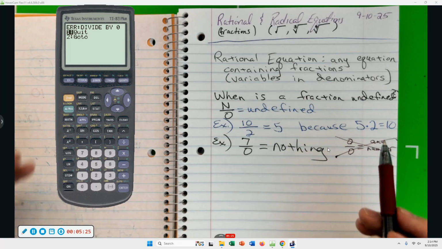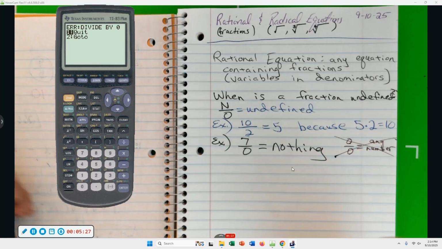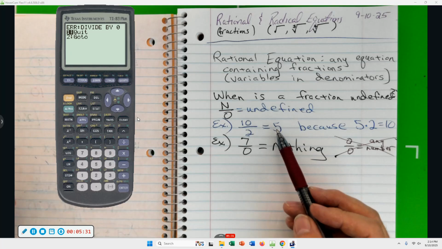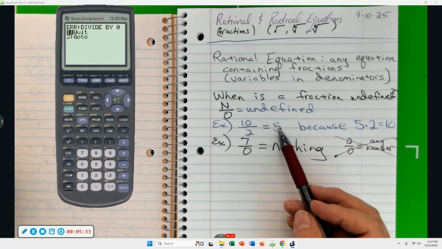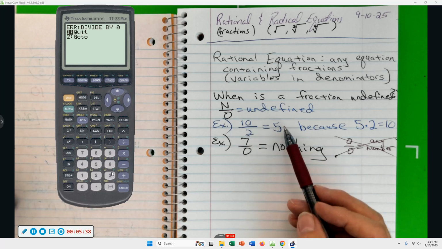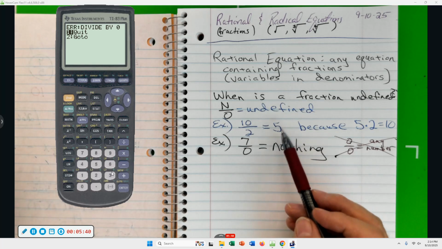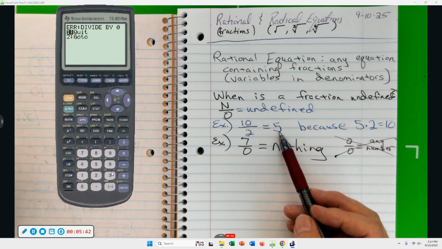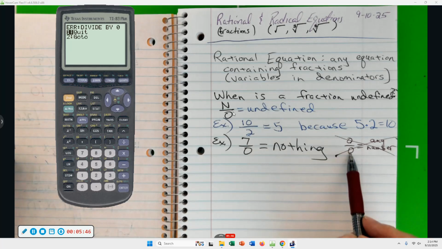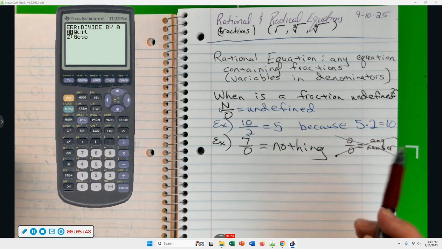This quotient of a division problem has to be unique. For example, 10 divided by 2 is equal to 5. Is there anything other than 5? Maybe 7 would work. Is 10 divided by 2 also 7? No, the only solution is 5. But for our purposes, just remember, when a denominator is 0, the fraction is undefined.